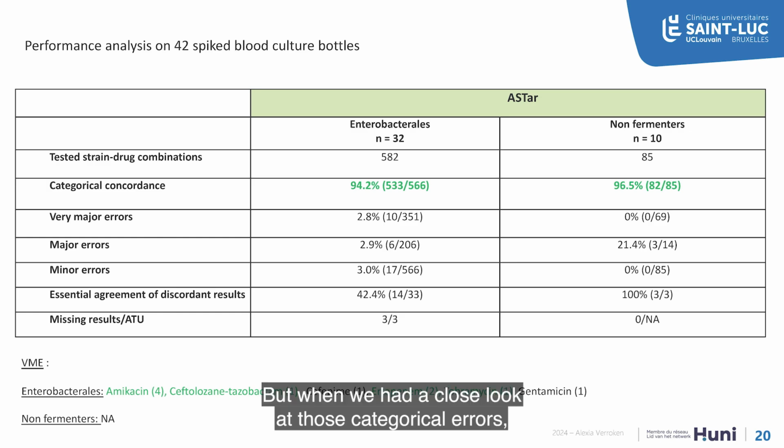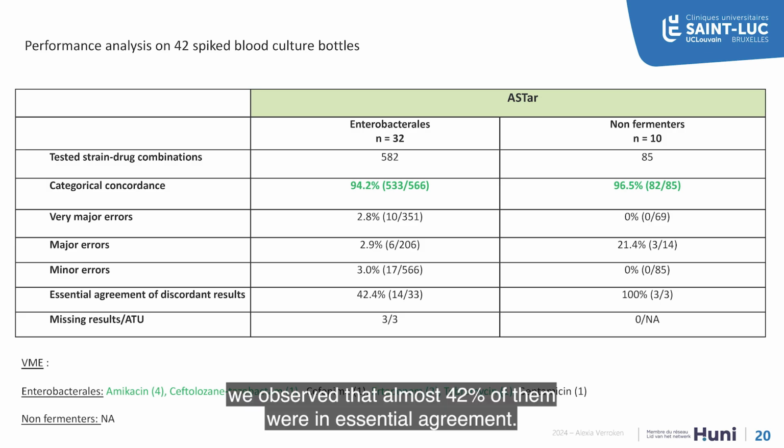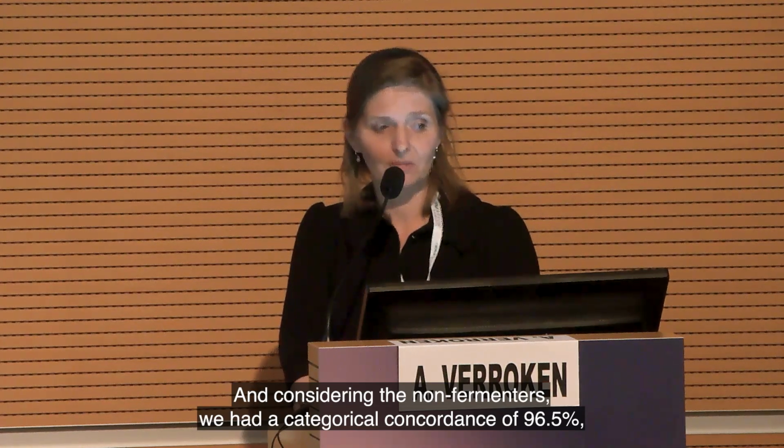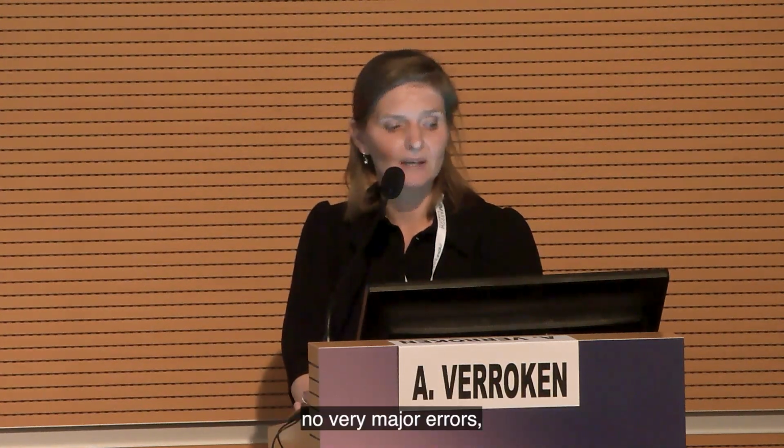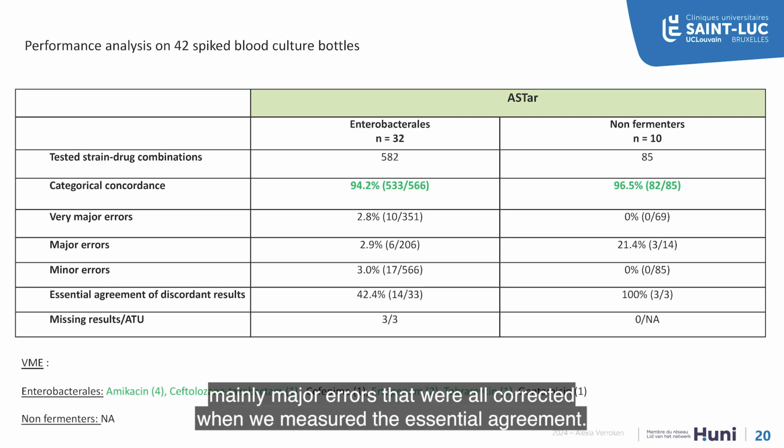But then again, when we had a close look at those categorical errors, we observed that almost 42% of them were in essential agreement. And considering the non-fermenters, we had a categorical concordance of 96.5%, no very major errors, mainly major errors that all were corrected when we measured the essential agreement.